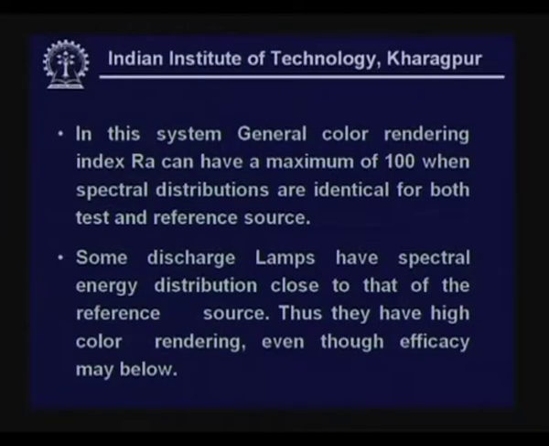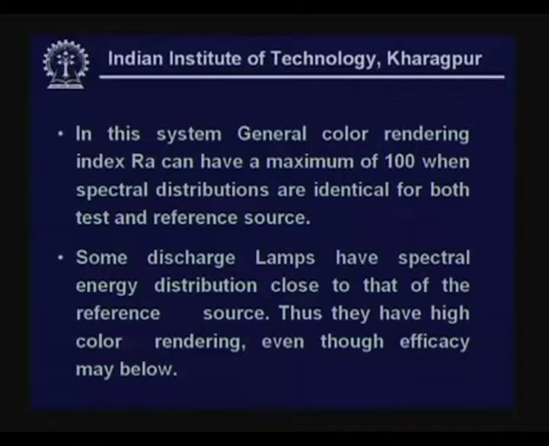Recall, in terms of efficacy we talk in terms of lumens per watt, and from the spectrum we did find that from the point of view of efficacy and utilization, the sodium vapor had higher efficacy than the mercury vapor, but it is believed that mercury vapor has better color rendering.